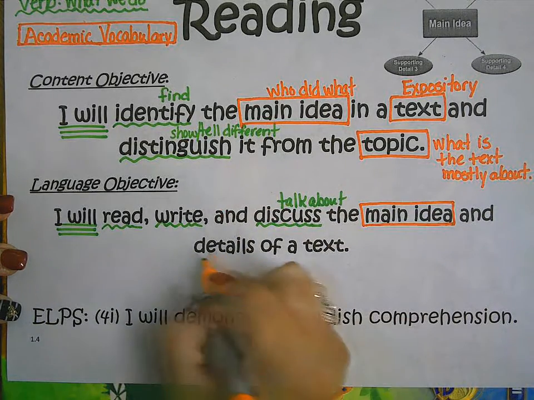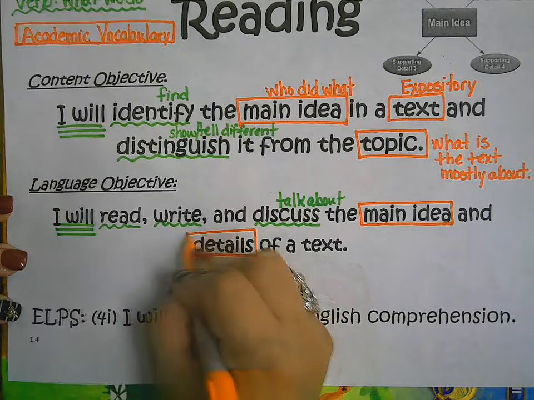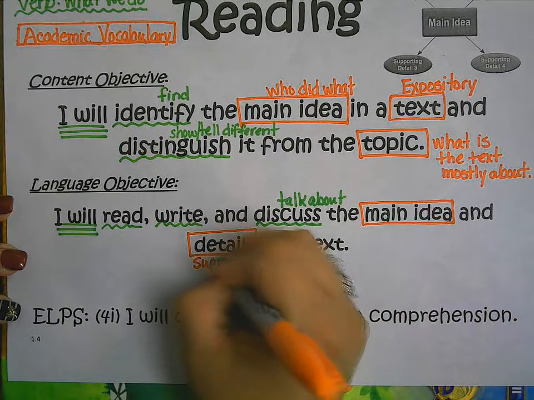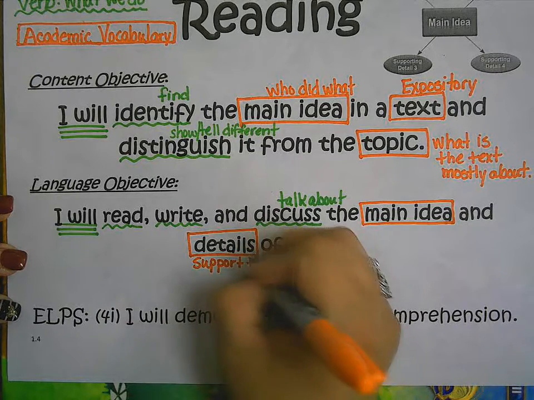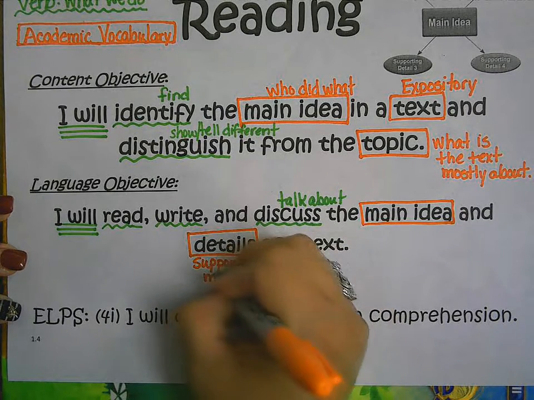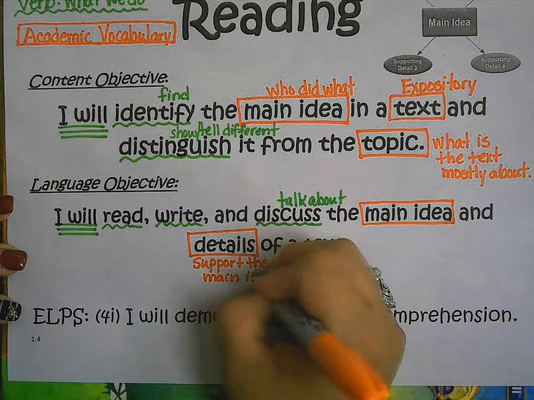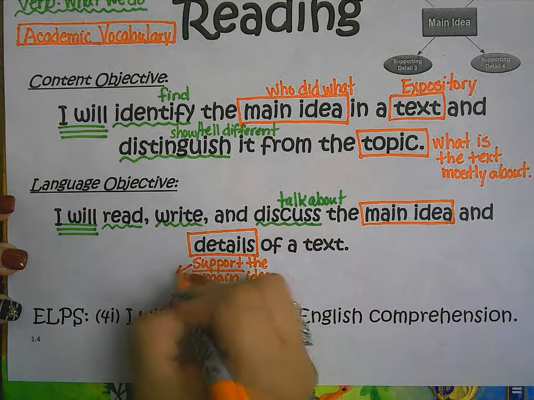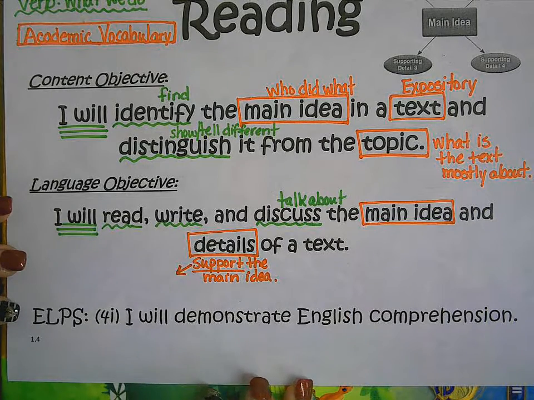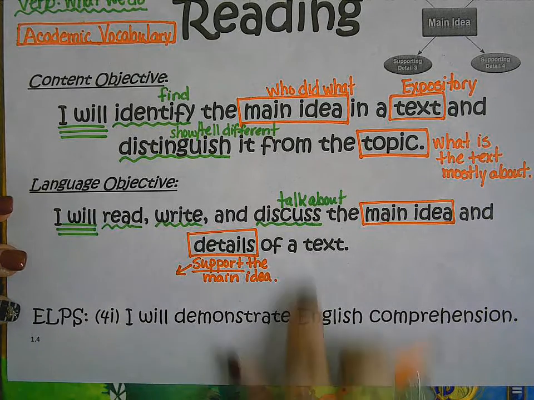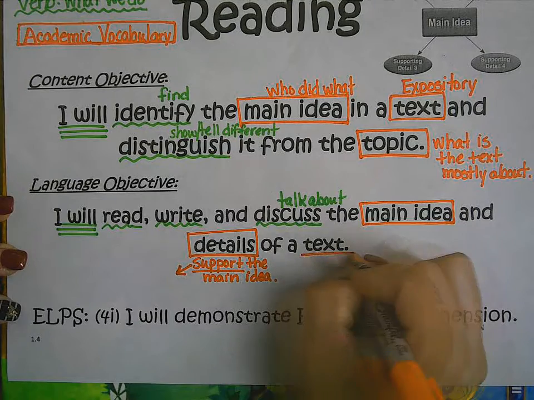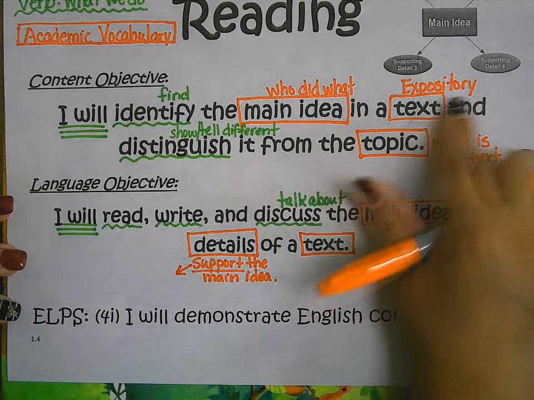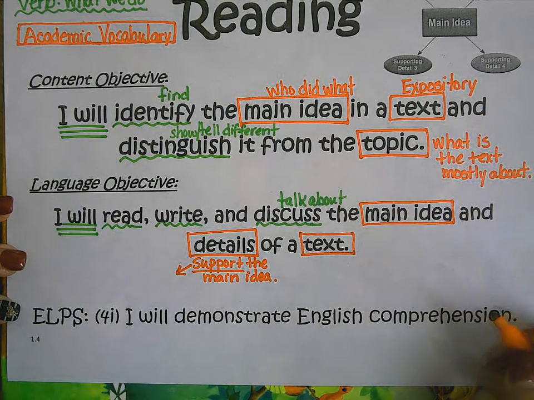And details. So now we have a new word. Details support the main idea. So what do details do? They support. And the word support, we'll look at what that means a little bit later. Of a text. And what kind of text are we working with this week? Expository. What did I say expository text was?